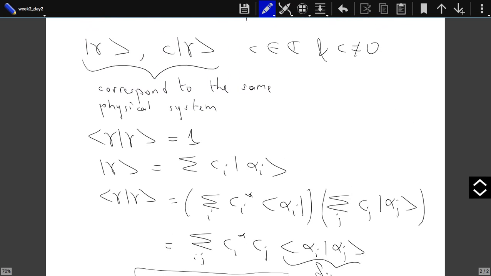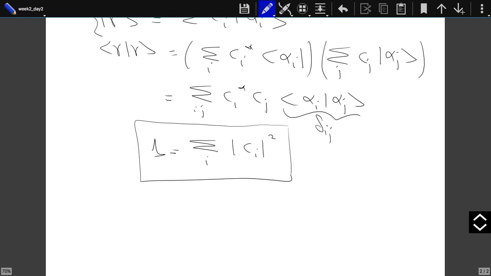So you see, if you have this state, when I make a measurement on it, I can observe it in the alpha 1 state, I can measure it in the alpha 2 state, I can measure it in the alpha 3 state. If you prepare identical systems having the same gamma, some of them I will measure in the alpha 1 state, some of them I will measure in the alpha 2 state, some of them in the alpha 3 state, etc. There will be a distribution.